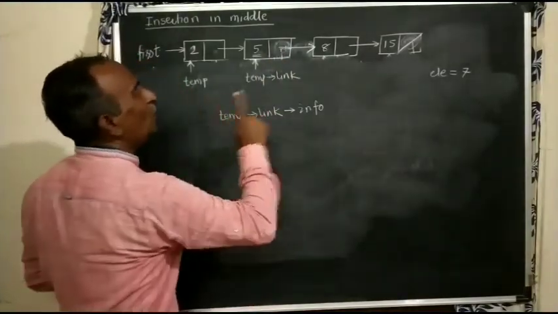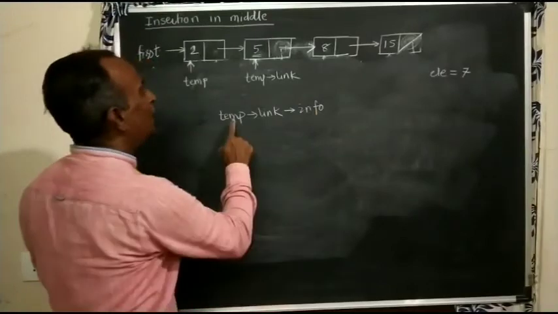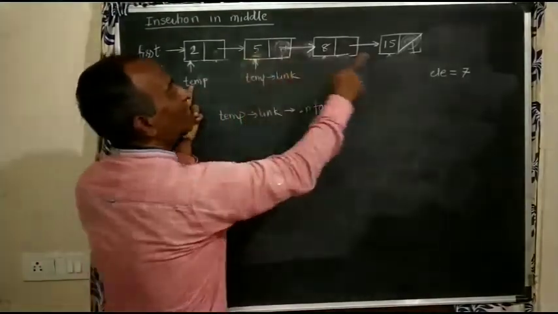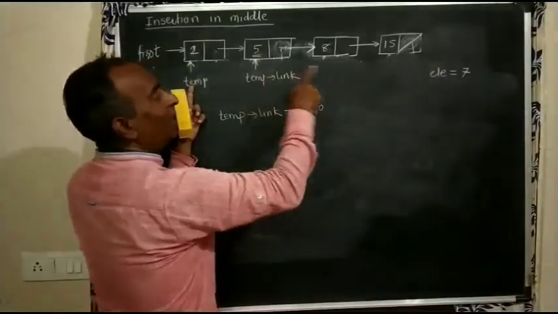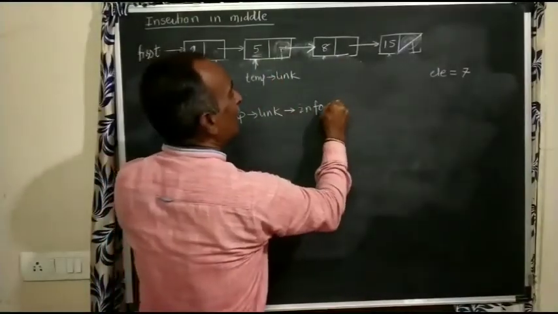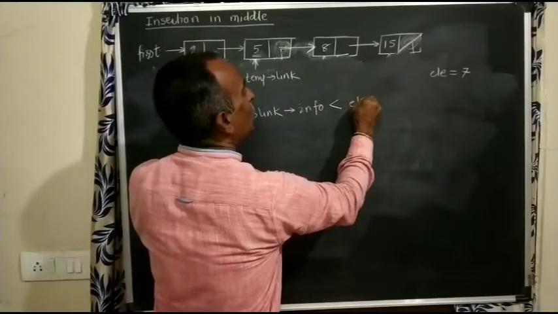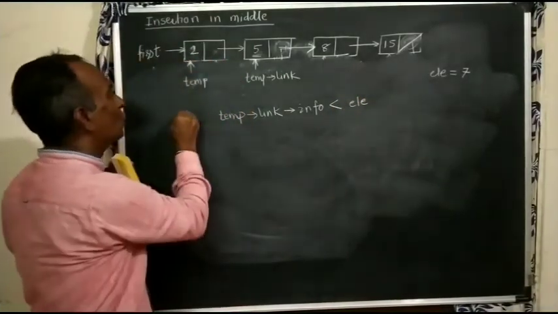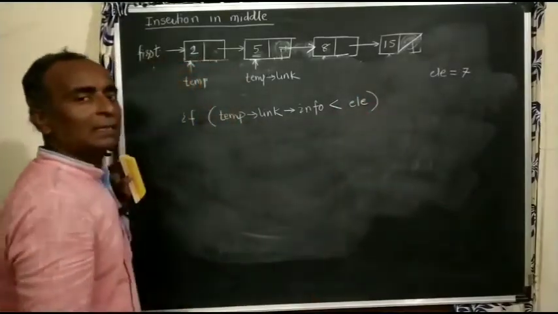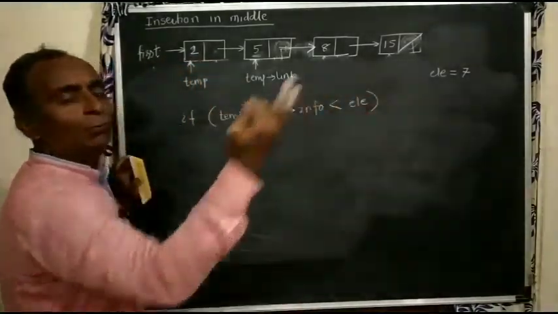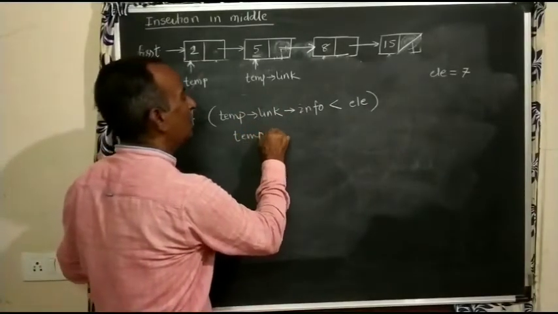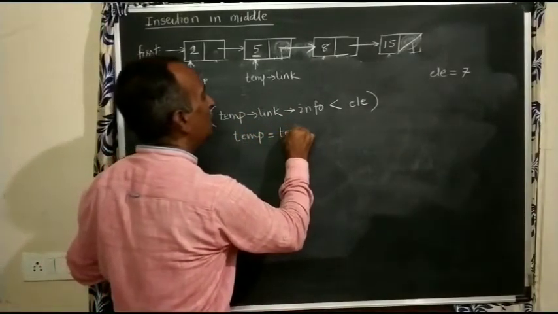Now when we are moving this temp, keeping temp link here, you are comparing this and that element. If this element is less than the element to be inserted, then we should move temp. Temp is given temp's link.